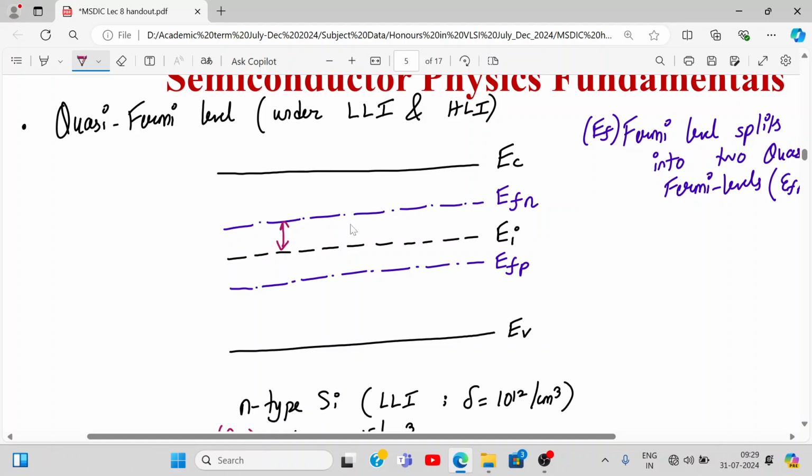Now this concentration is NNO. It represents 10 raised to 15 per centimeter cube. Understanding the distance between these two energy levels, can you tell me what the lower one represents? How much concentration does it represent?